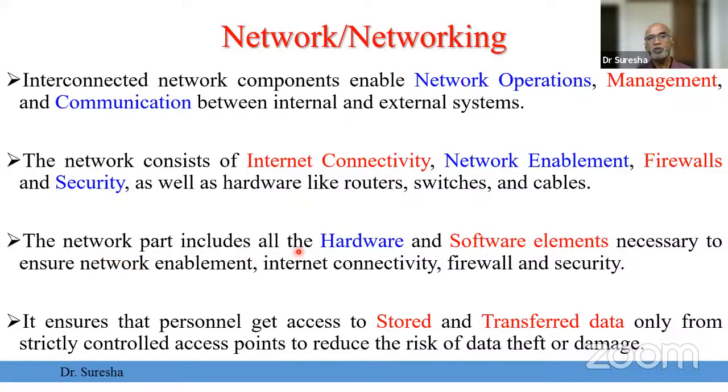The network part includes all the hardware and software elements. So when you have routers and switches, you need software also to run them, and how we are going to synchronize and configure them in your system, that matters. The network part includes hardware and software elements necessary to ensure network enablement, internet connectivity, and firewall security. It ensures that personnel get access to store and transfer data only from strictly controlled access points to reduce the risk of data theft or damage.